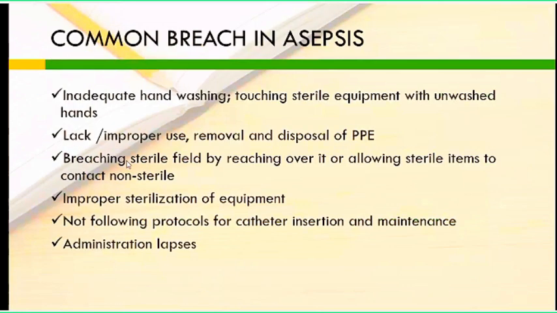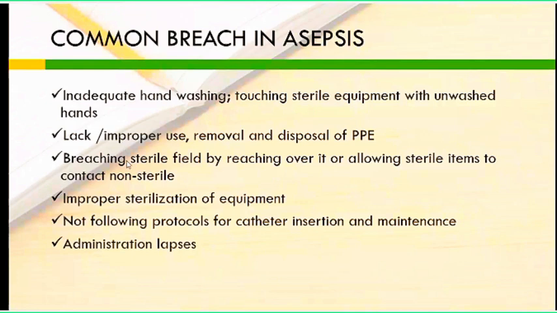What are the common breaches in asepsis? One, examples include inadequate hand washing, touching sterile equipment with unwashed hands, lack or improper use of personal protective wear, reaching over the sterile field or allowing sterile items to come into contact with non-sterile items.